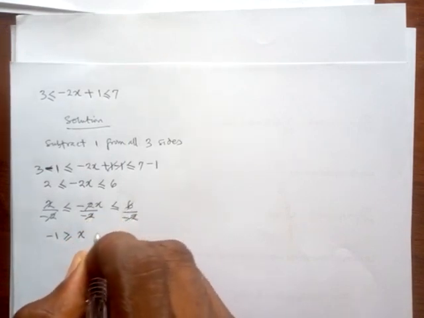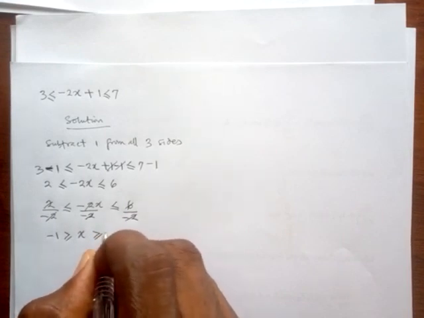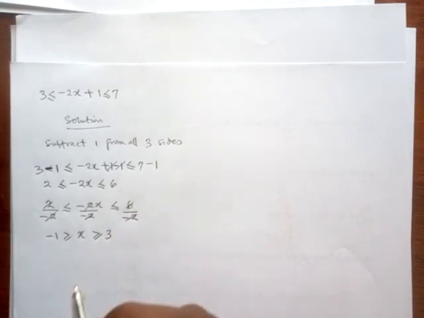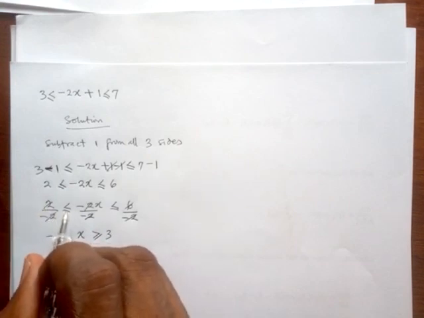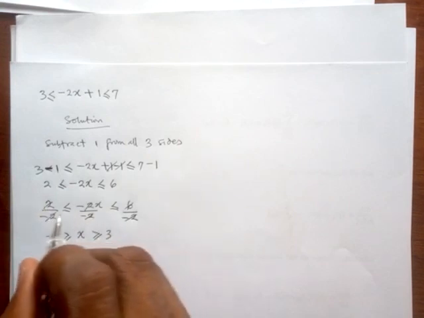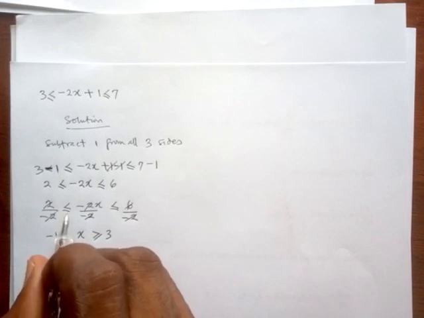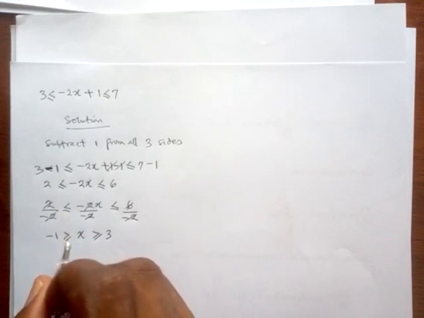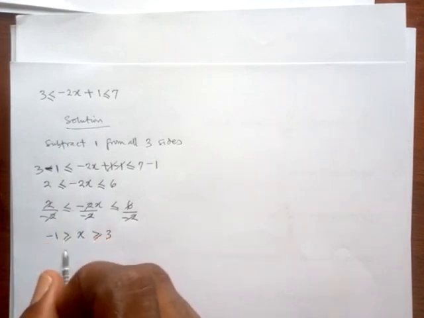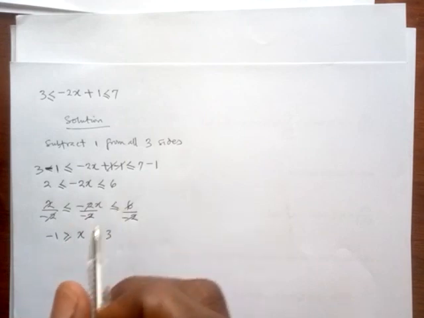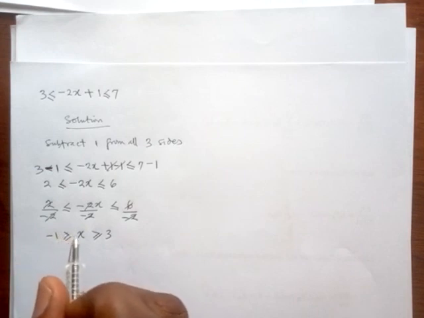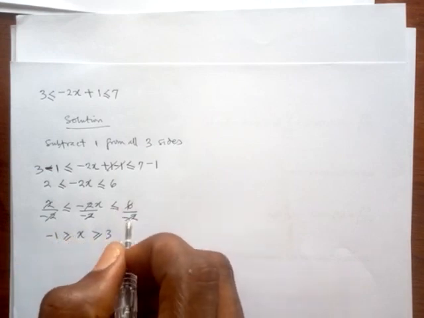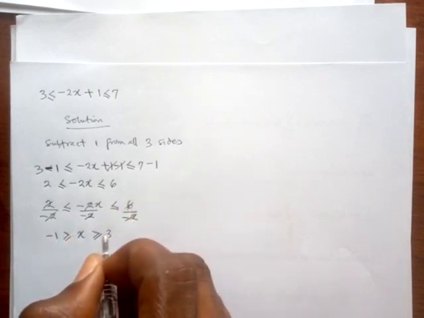Minus 2 will cancel 6. This will be greater than or equal to 3. So these inequality signs will change, less than or equal to changes to greater than or equal to. Now I can rewrite: 6 divided by minus 2 is minus 3.